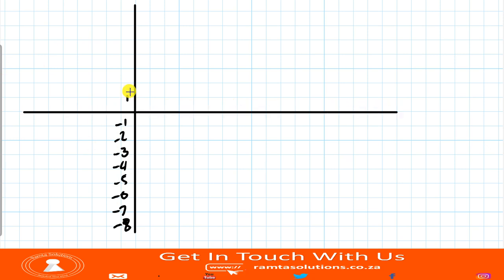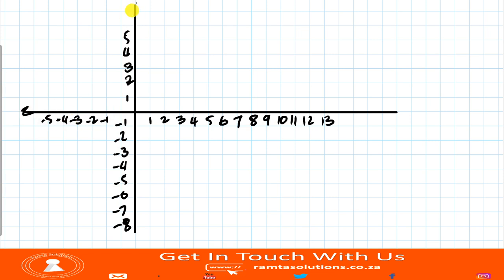And then 1, 2, 3, 4, 5. And along the other axis, 1, 2, 3, up to 13, and -1, -2, -3, -4, -5. I'm not even sure that I'm going to need these. So let me also end at 6. These are the y-axis, these are the x-axis, and now this is 0.